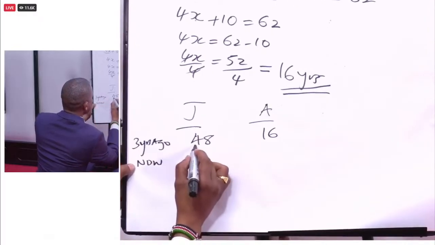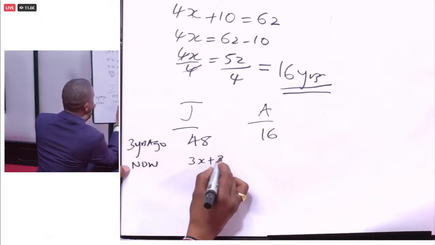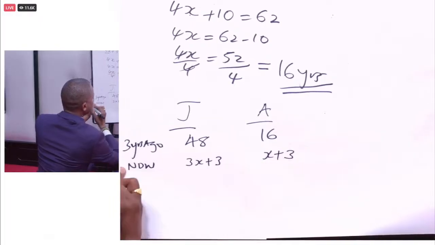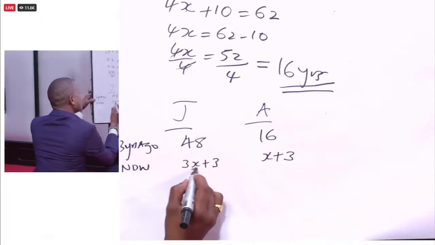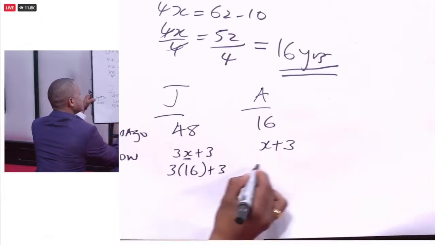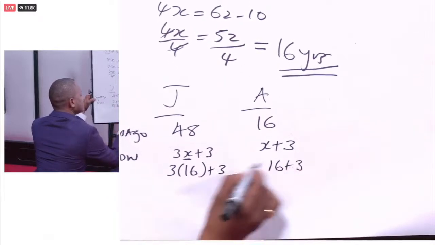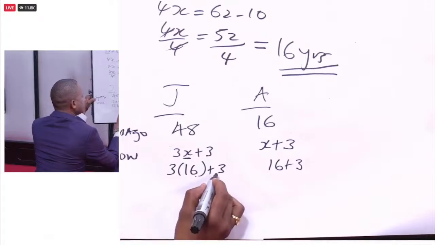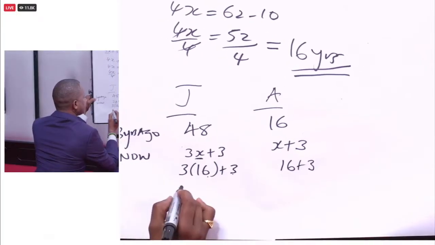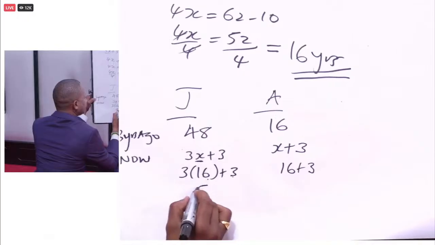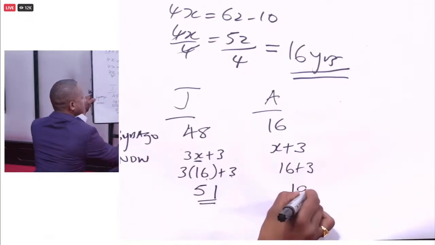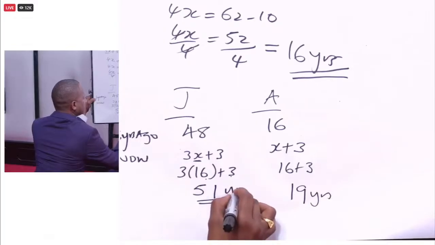Juma was 3x plus 3, while Ali was x plus 3. But what is our value for x? It is 16 plus 3. Here also 16 plus 3. So this is 48 plus 3, which is 51 years. And this is 16 plus 3, which is 19 years.